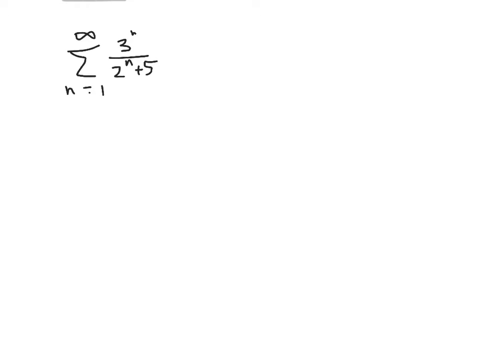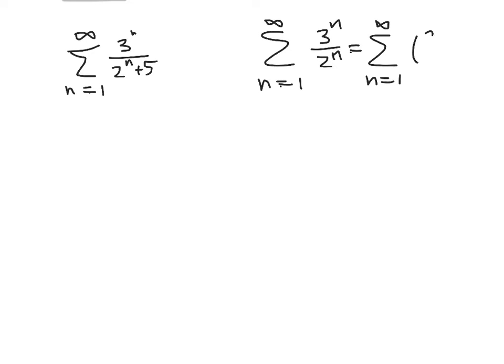Three to the n over 2 to the n plus 5. Now, in this series, we say, okay, I want to compare it to the following geometric series. Now, I know that the series on the right must diverge because this is a geometric series with ratio 3/2.